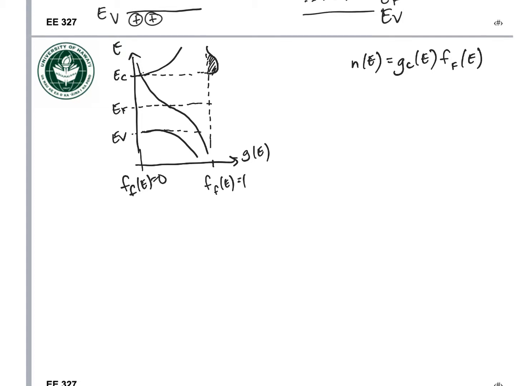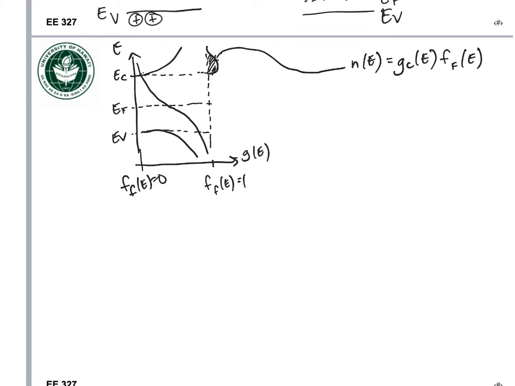The area that I've shaded in to the left of that curve represents the number of electrons in the conduction band.